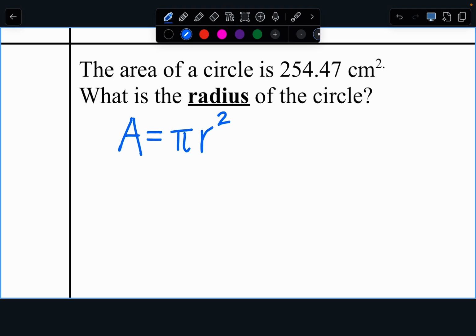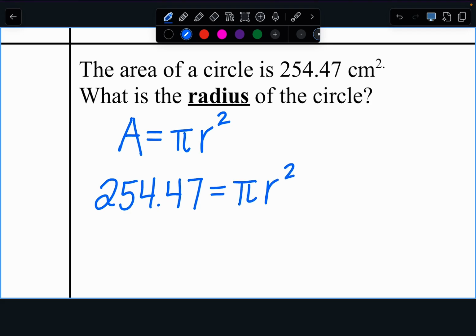It gives us the area as 254.47. And that's equal to pi r squared.